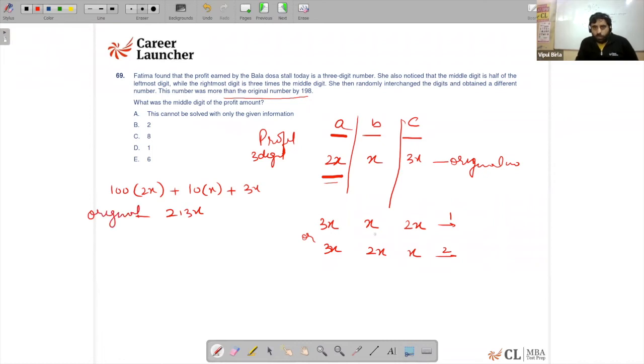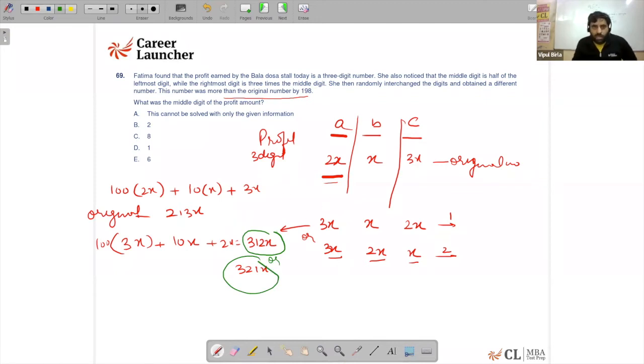While the value of the new number, if I take the first case, is 100 into 3x, which is 300x, plus 10 into x plus 2x, which is coming out to be 312x. While if I take the second case, this into 100, this into 10, this into 1, so 321x. So the new number will be either this or this.